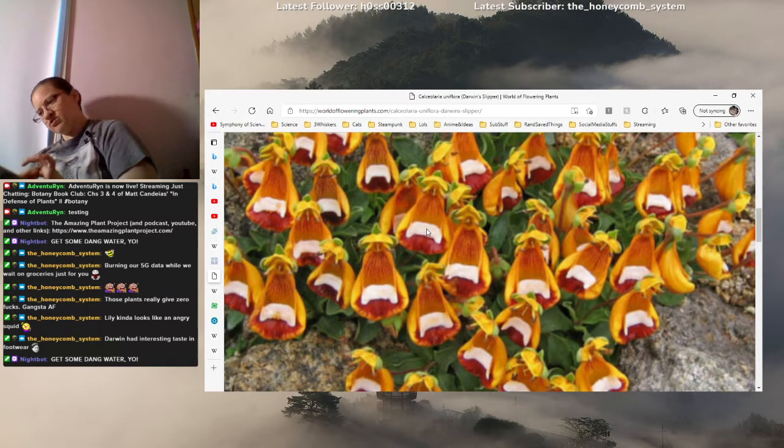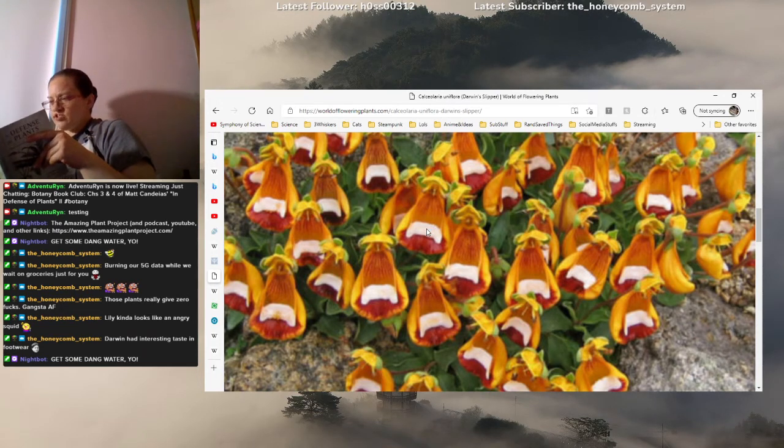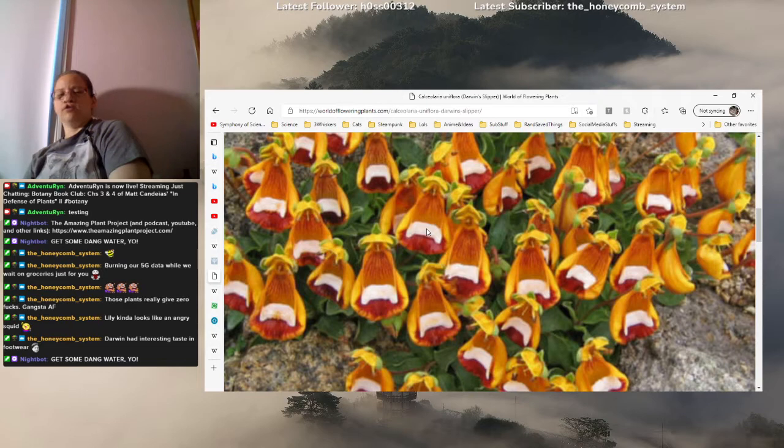Apparently, it's really high in sugars and nutrients and energy and stuff.